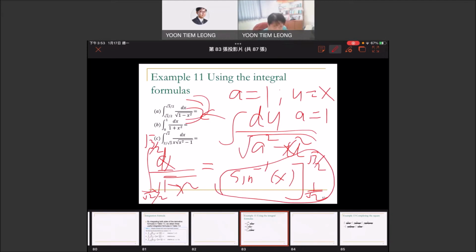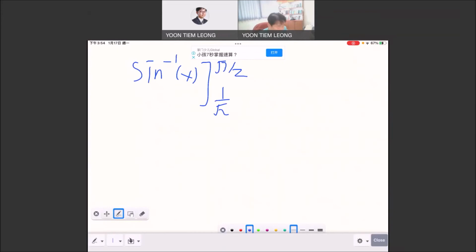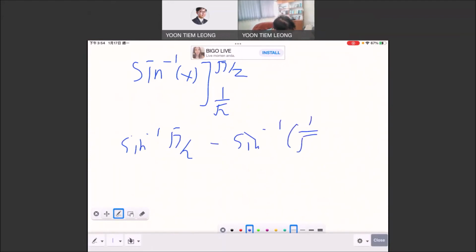So this is the value I need to evaluate based on the previous slides. You are supposed to find the value of arcsine of square root of 3 over 2 minus the value of arcsine of 1 over square root of 2.